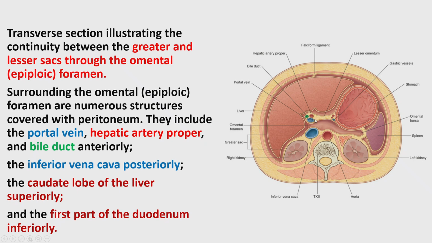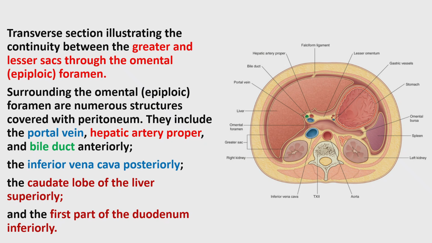But the most important ligament here is the one which contains this triad of structures called the porta hepatis. It is a question that in an oral examination, if you do not answer, finish. Yes?